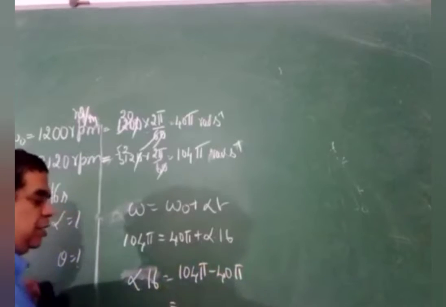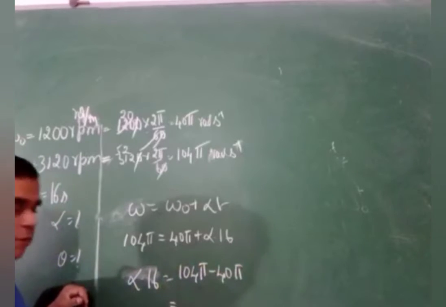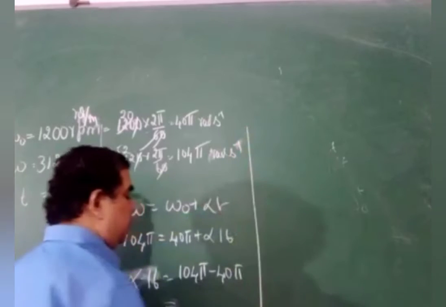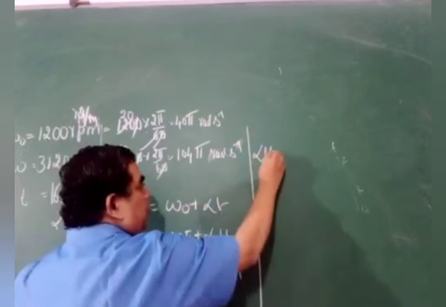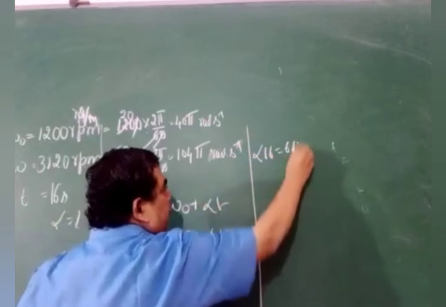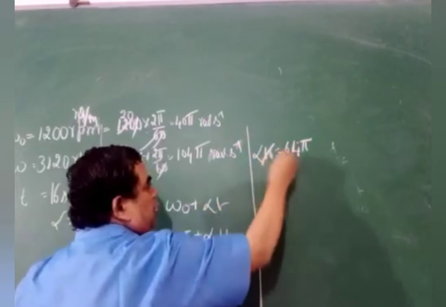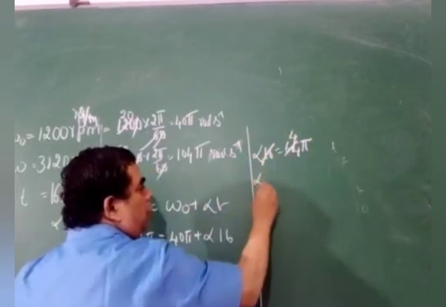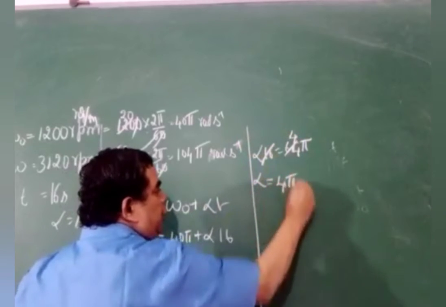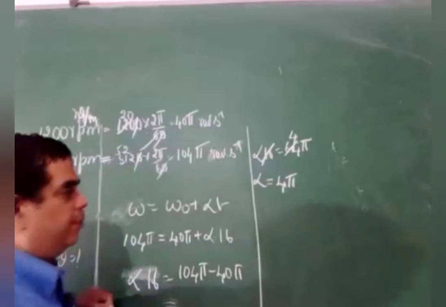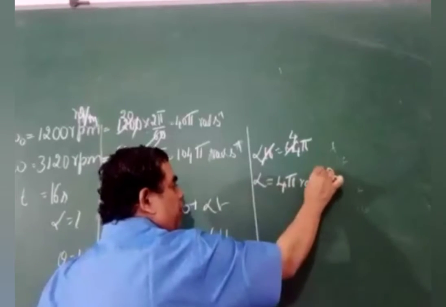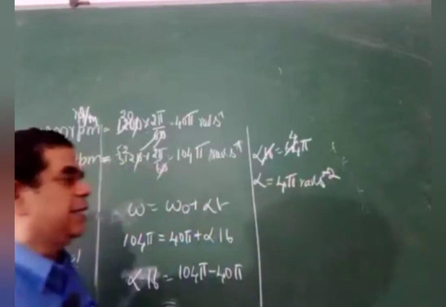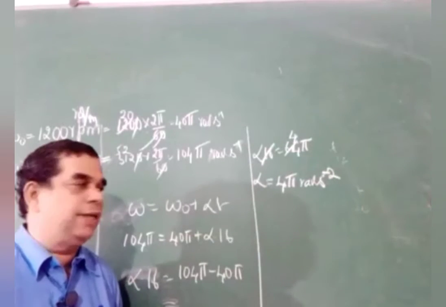So how much is it? 64. So alpha 16 equals 64 pi. 16 fours are 64. So alpha is 4 pi radian per second square.